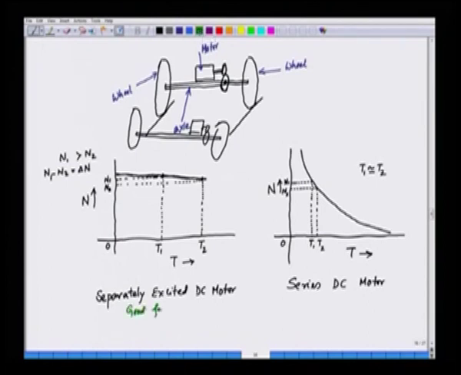separately excited DC motors are good for coefficient of adhesion, because adhesion will be good in this case, the possibility of wheel slip will be less, but not good for load sharing.